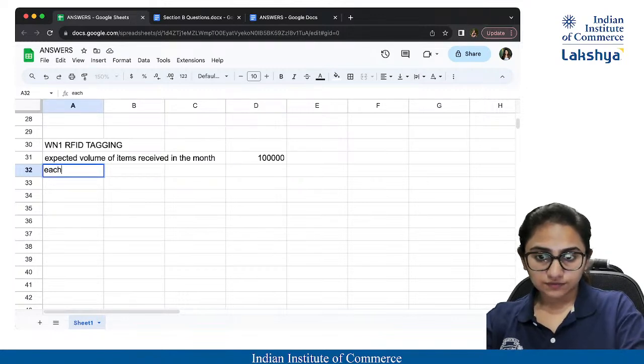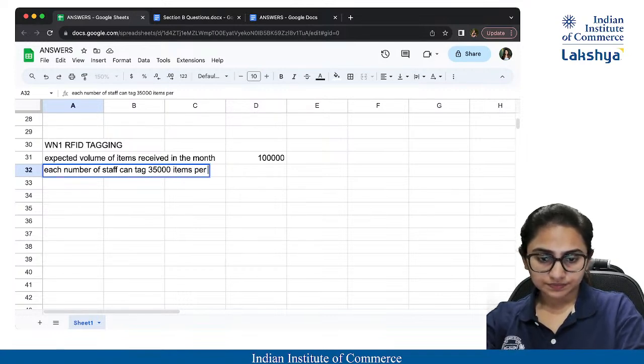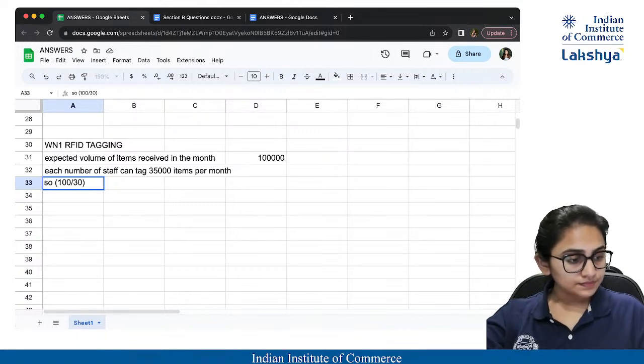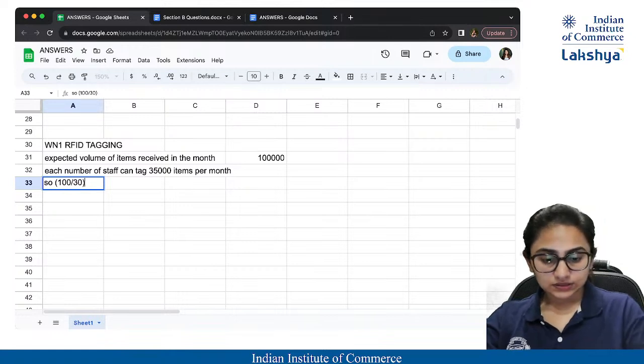Each staff member can tag 35,000 items per month. So they can do how much? 100 divided by 30. That is 3.33.